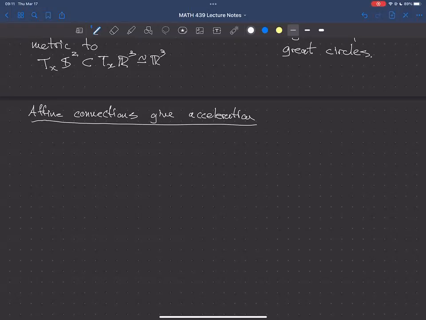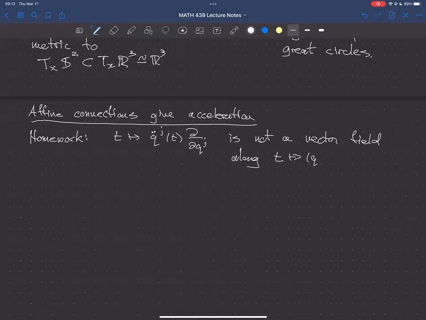So from your homework, you remember that you showed that the acceleration q double dot does not satisfy the proper transformation properties to give you tangent vectors along the curve.